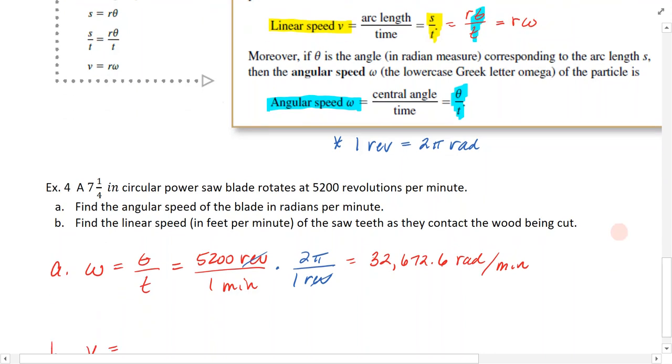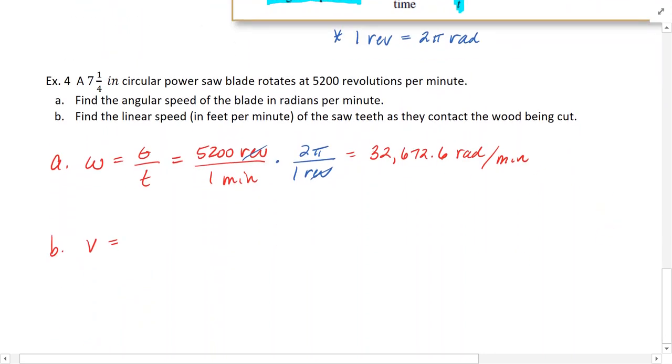A lot of times, if we already know what omega is, we can just use the shorter version, r omega, to solve our problem. Don't forget, however, we are being asked to solve this in feet per minute. So we're going to end up doing a little bit of changing here.